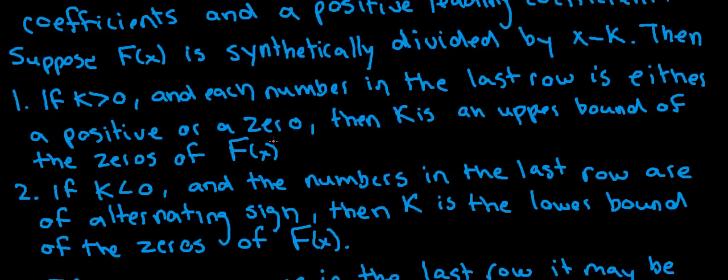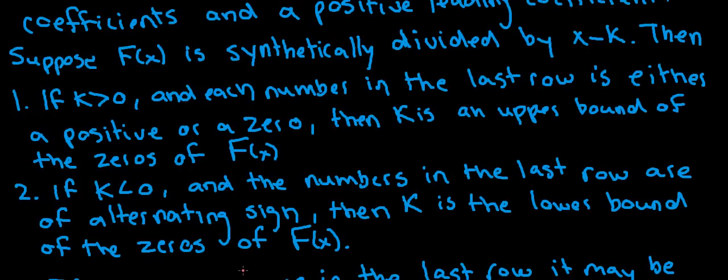So if we get the positives and the zeros in the bottom row, when we do a synthetic division of k greater than 0, then that means k is the upper bound, so it's the greatest possible zero of that function. And similarly, if k is less than 0, and the numbers in the last row are alternating in sign, then k is the lower bound of the zeros of f of x.